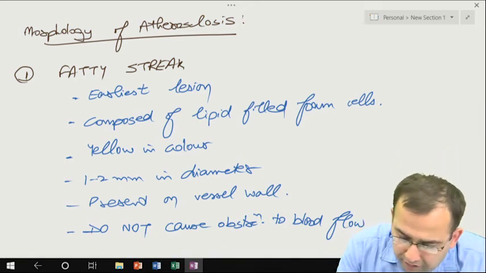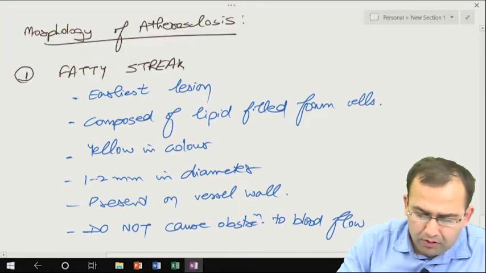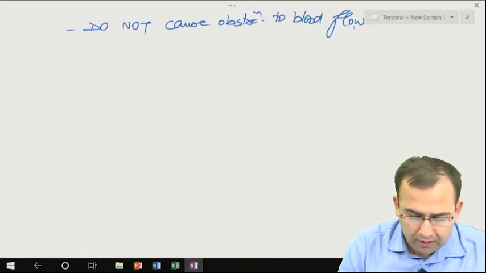Next point, fatty streak progresses to atherosclerotic plaque.